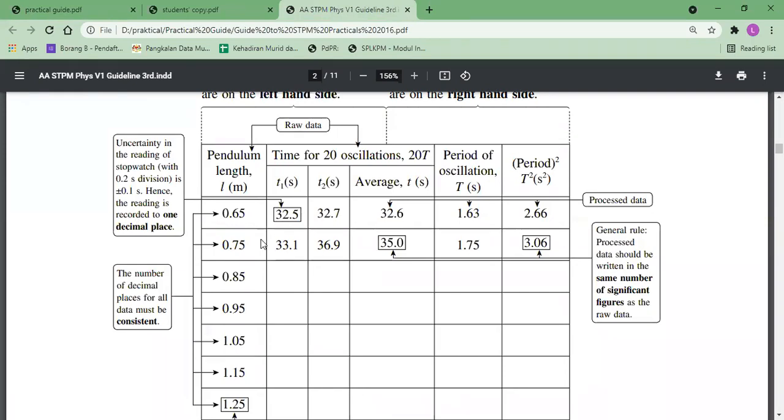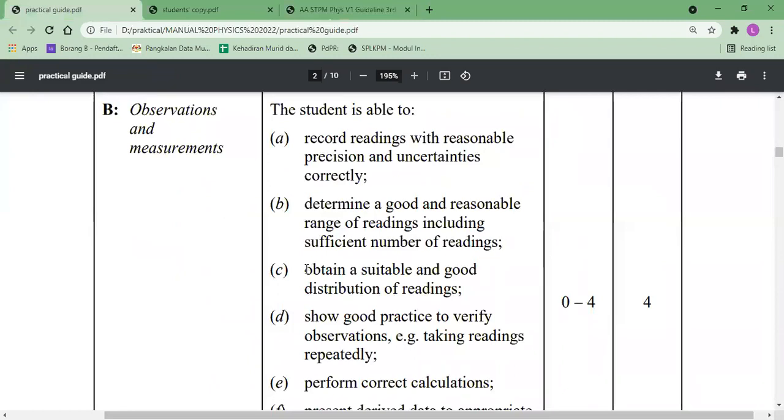And don't forget, we must record readings with reasonable precision.